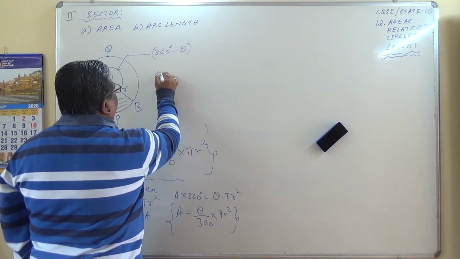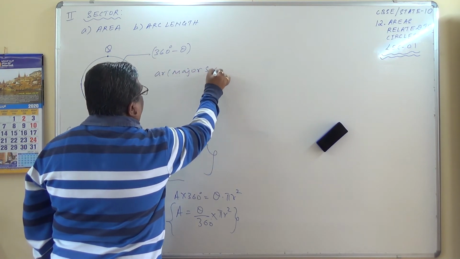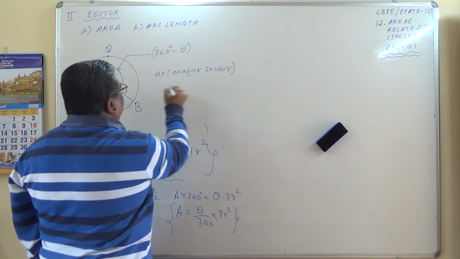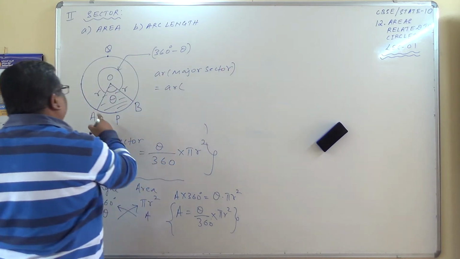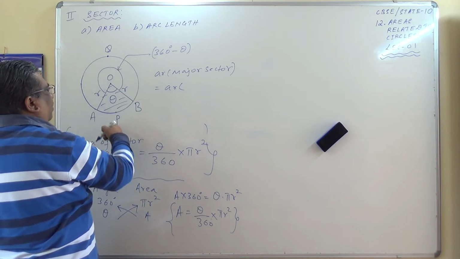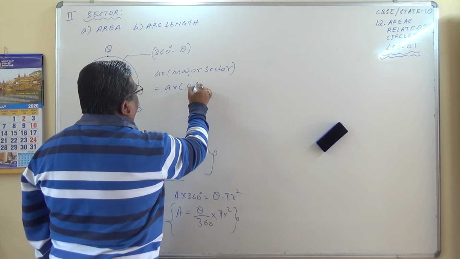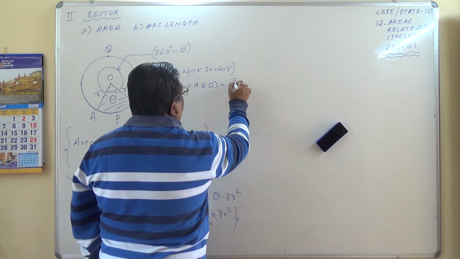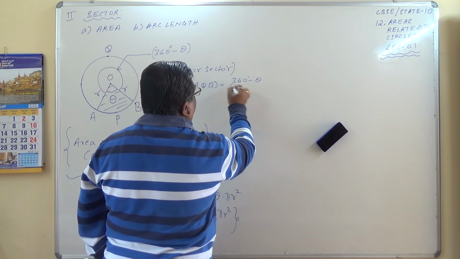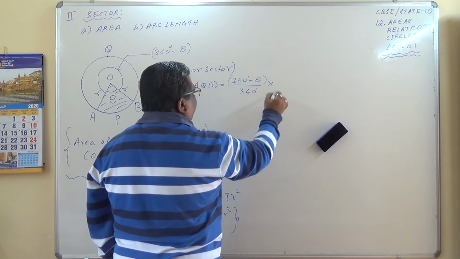So area of major sector is equal to area of sector AQB or OAQB. I'll write OAQB is equal to 360 minus theta divided by 360 degrees into pi r square.